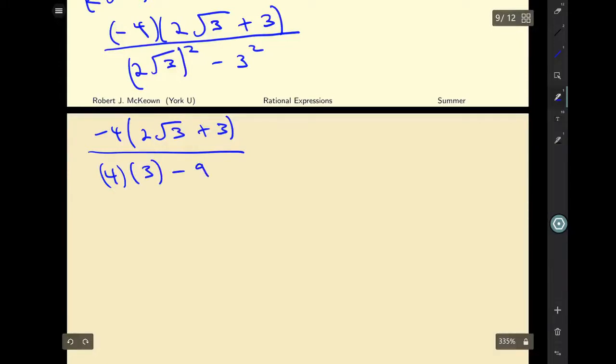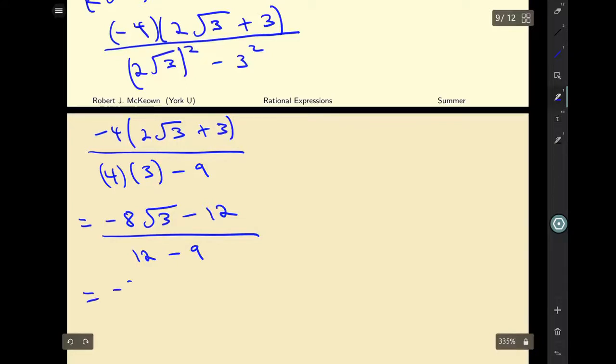And that's going to be minus 9. Now I'll work through the numerator as well. So I'm going to have negative 8 times the square root of 3 minus 12. And that whole thing is going to be divided by 12 minus 9.